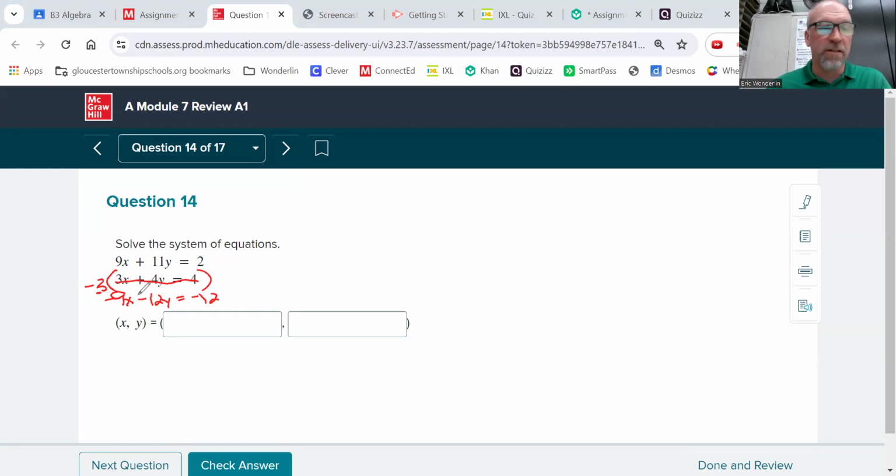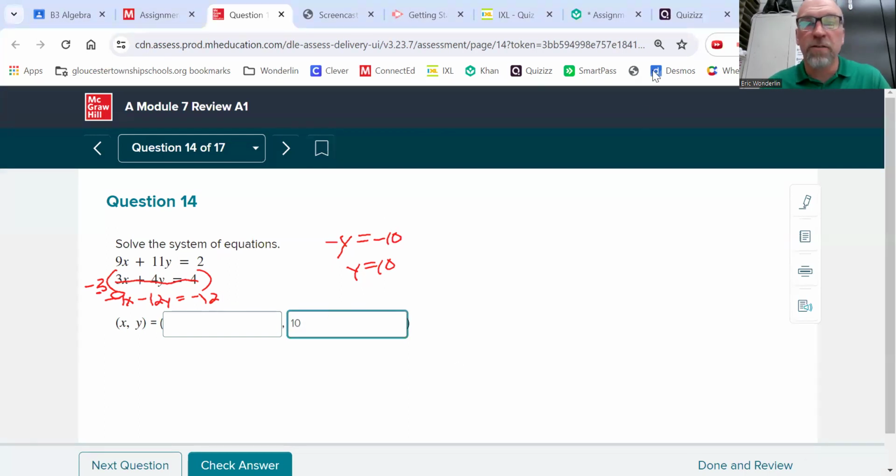Add them together. X eliminates. 11 minus 12 is negative 1y, or just negative y. 2 and negative 12, negative 10, which means y is 10. Let's fill it in.